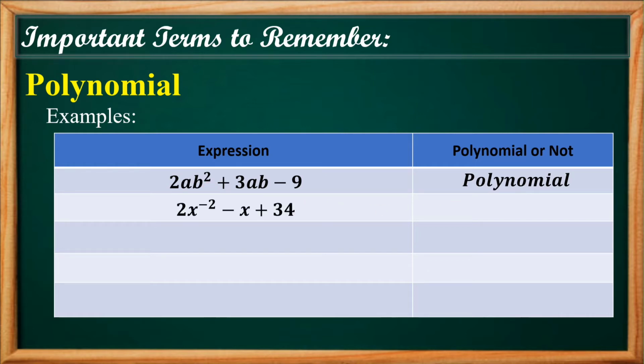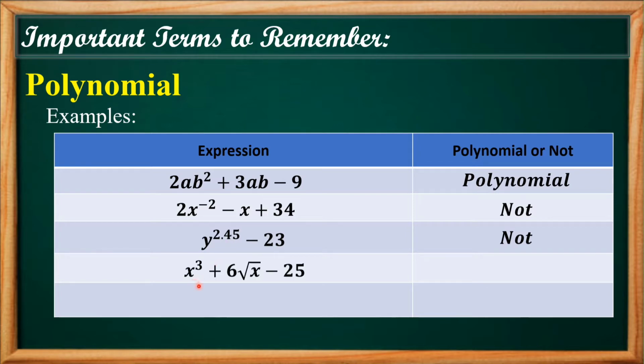Second one, 2x raised to the power of negative 2 minus x plus 34. It is not a polynomial. Bakit? Kasi ang exponent is negative. Bawal yan. Next, y raised to the power of 2.45 minus 23. Observe, our exponent is 2.45, decimal. Hindi siya pwede, therefore it is not a polynomial.